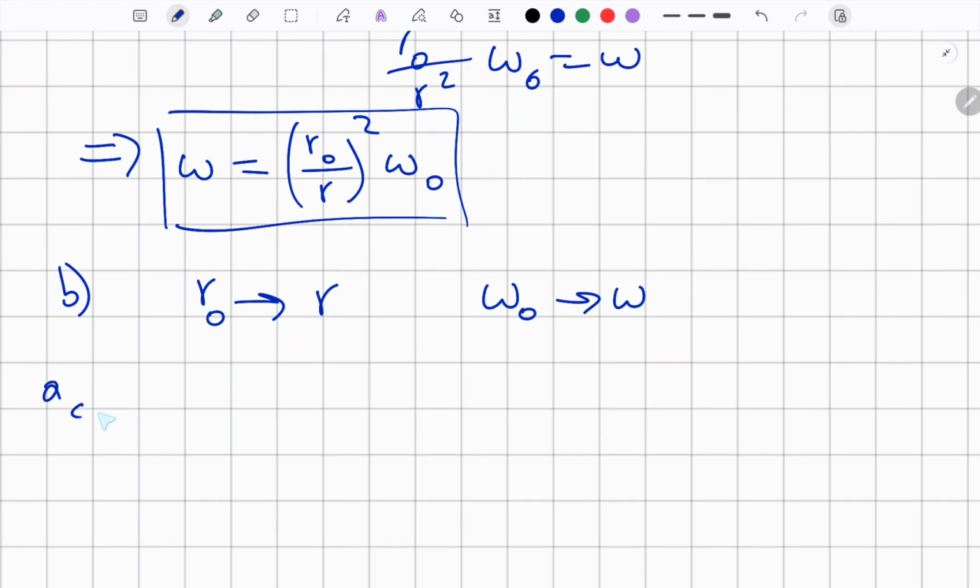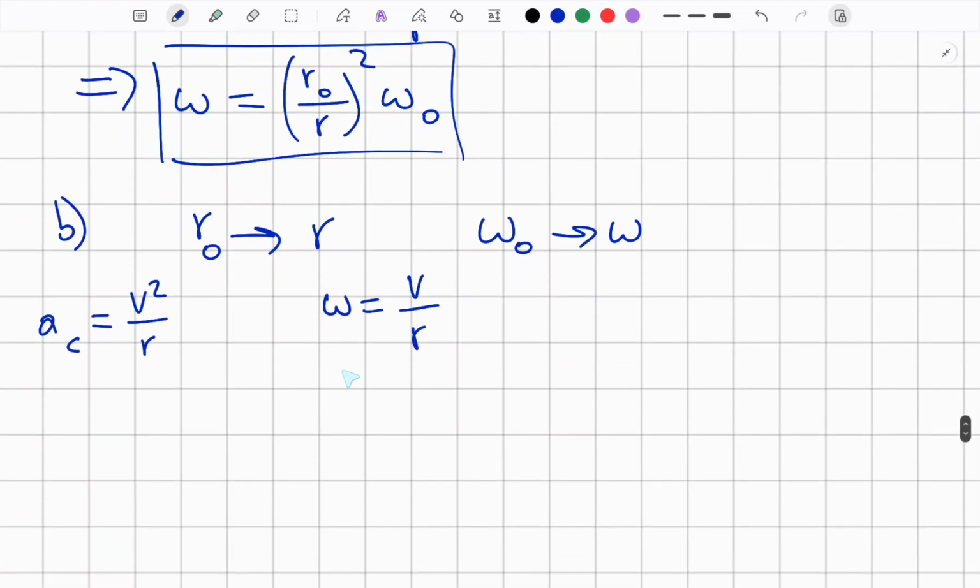So you have centripetal acceleration is v squared over r. Omega is v over r. And that means that v is omega r. So this centripetal acceleration in terms of angular velocity becomes omega squared r squared over r, which is omega squared r.